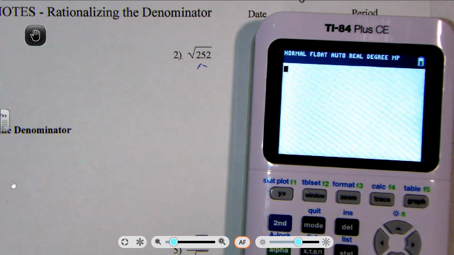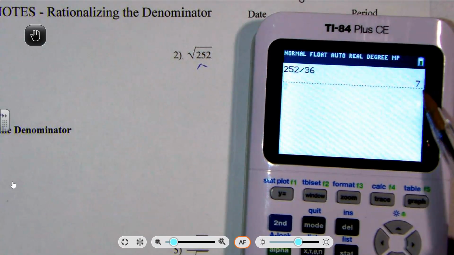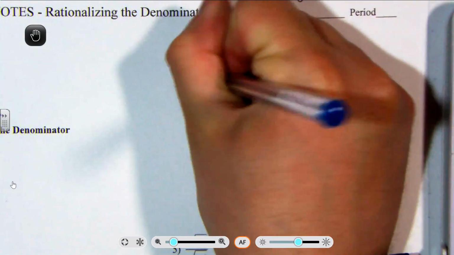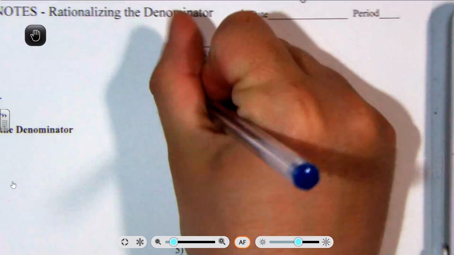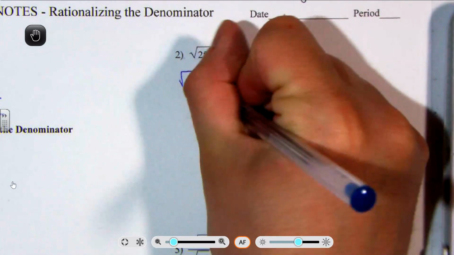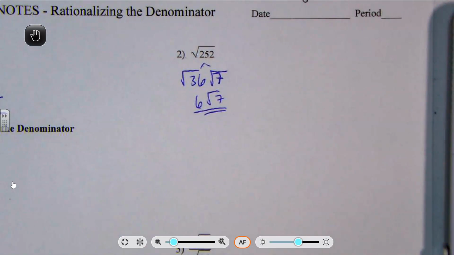The next one after that is 5 squared, 25. 25 is not going to go into 252. And the next one is 36, 6 squared, so 252 divided by 36, which actually does work. And 7 definitely doesn't have a perfect square, so my biggest perfect square is 36. So I have 36 and 7, the square root of 36 and the square root of 7. The square root of 36 is 6. The square root of 7 stays as it is.